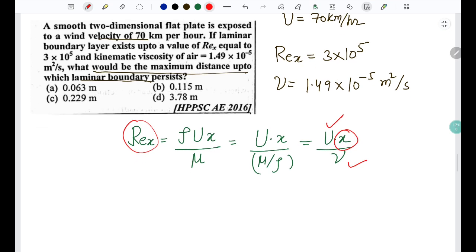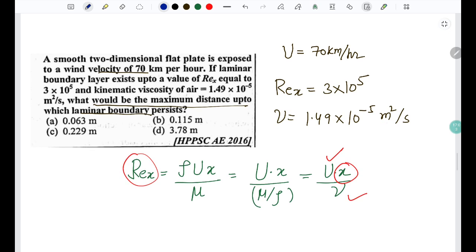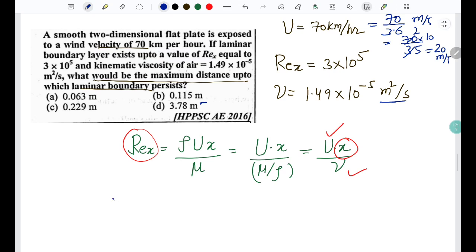So let us find out. Since these units are in meter per second and answer is also meter, we will convert this 70 by 3.6 meter per second. We can roughly take it as 20 meters per second. So let us calculate Rex. Rex will be 3 into 10 to the power 5, we can take velocity as 20, x we have to find out, over 1.49, we can take it as 1.5 times 10 to the power minus 5.